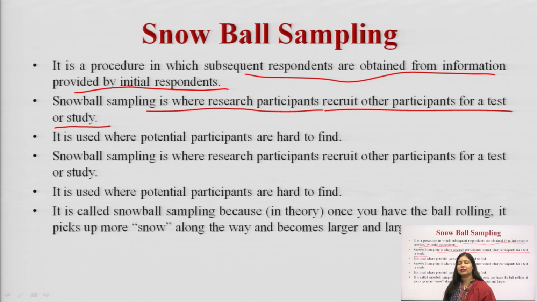Suppose there is a researcher, and he recruits two participants, A and B. Then these participants recruit other participants, and there will be a chain of participants, all involved in our study.